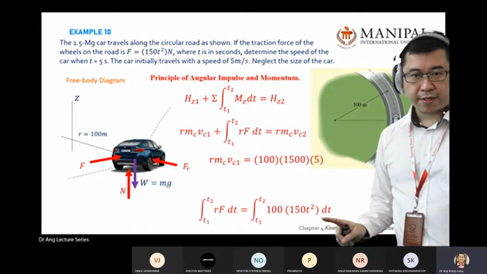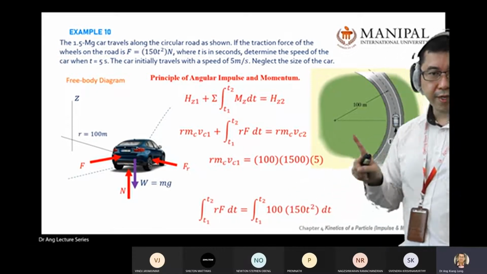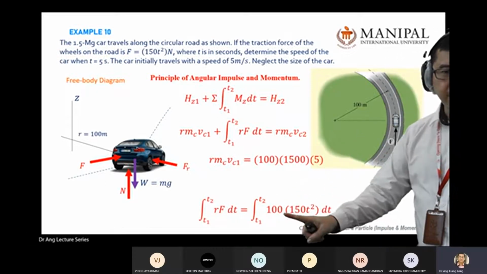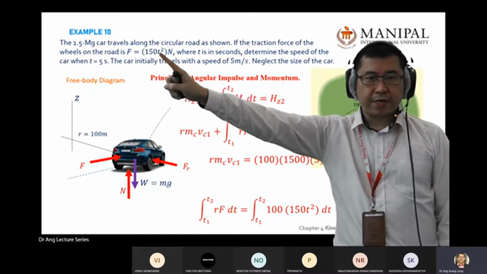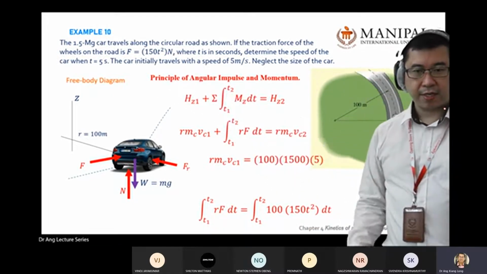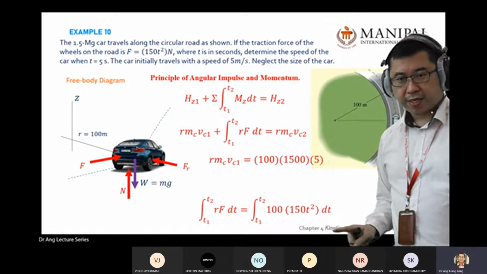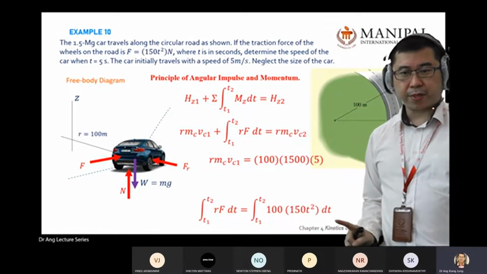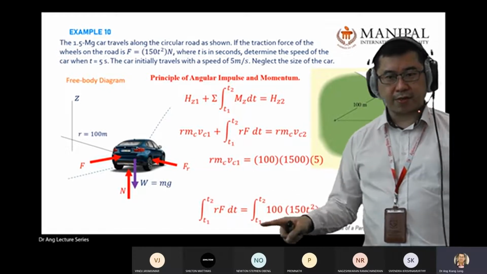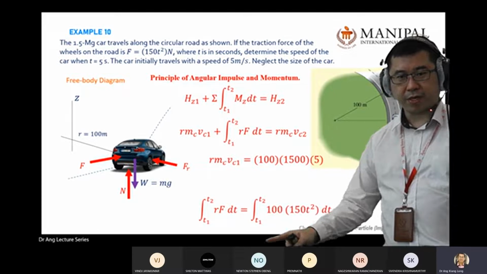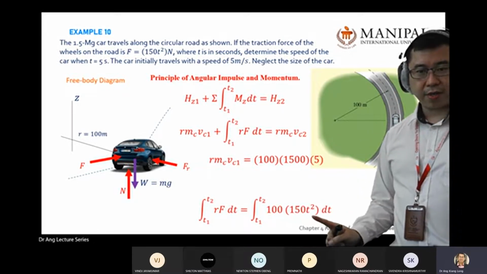Then the angular impulse: R is given as 100, and the force is given by an equation, 150t squared. Integrate with respect to time. This is your integration chapter in mathematics. I assume you already mastered it, so I will not go deep into how to do integration.